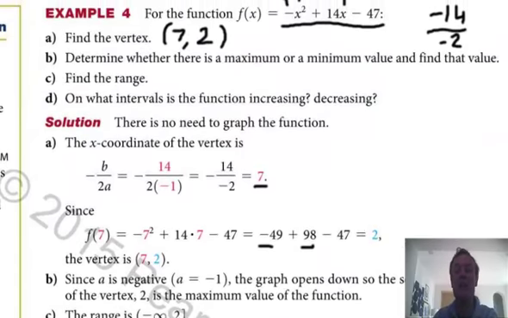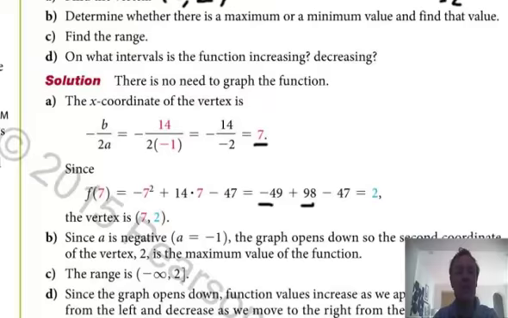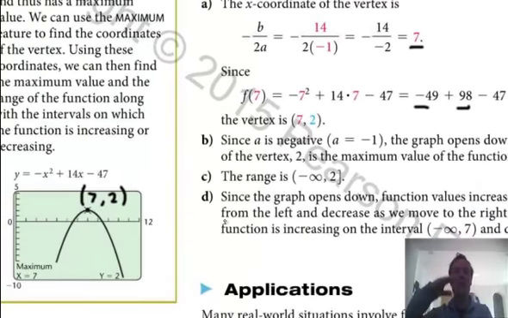Find the range. If I look at this, you can see it's going to go all the way down. So from negative infinity it goes as high as whatever the y-coordinate is, and that's 2. The 7 has nothing to do with it right now. So it goes from negative infinity as far as positive 2. That's the range. Now, where is it increasing and decreasing?